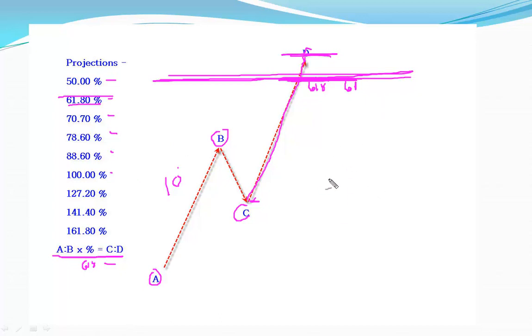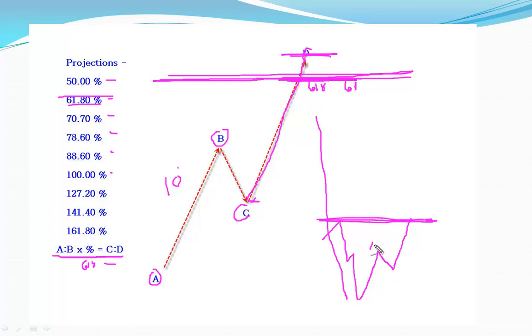For instance, let's just say the market had sold off, all right, and you have some resistances up here like this. So the market decides it's going to run off the low, come down, and come up again up to this area. And we know that this was 10 points and this is maybe 8 points.